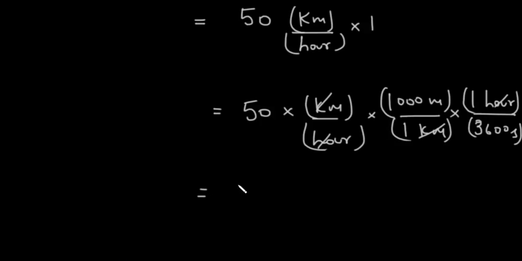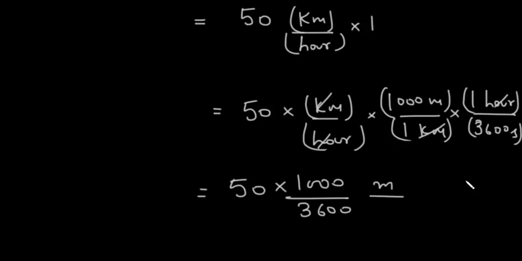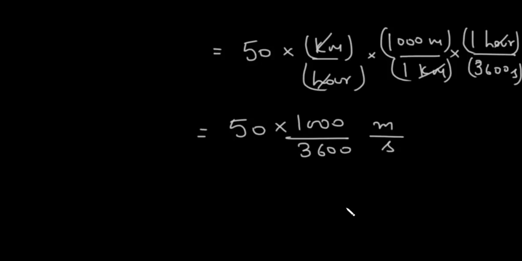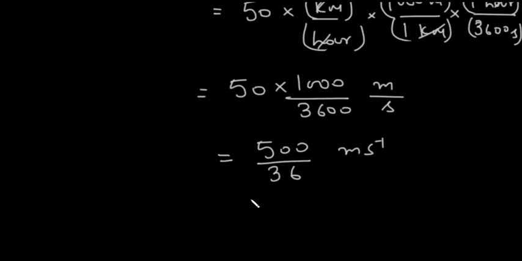So it will become 50 into 1000 divided by 3600, meter per second. So 500 divided by 36 meter per second, which is roughly equal to 13.889 meter per second.